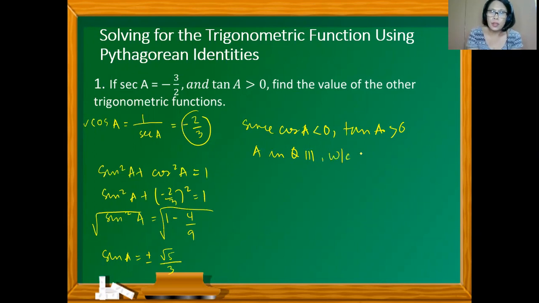So this means that sine A must be negative square root of 5 all over 3. So we have the cosine value and the sine. So we can solve for tangent by using another trigonometric identity.